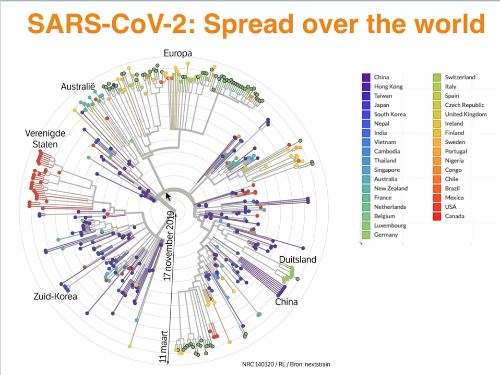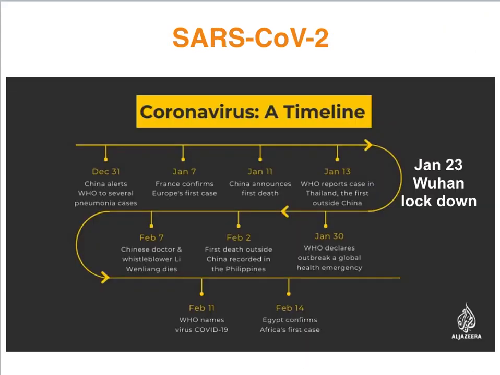Then it changed again and infected a lot of people in Europe. And then it changed again. Of course, it started again in China, but moved to Europe. And that's the way you can see where the virus in each infected person is coming from. So it's quite spread over the world now.